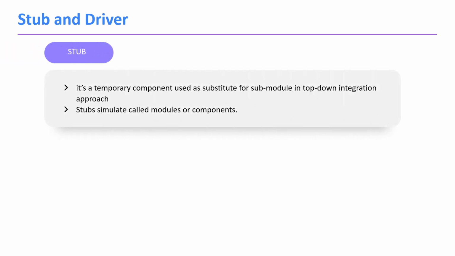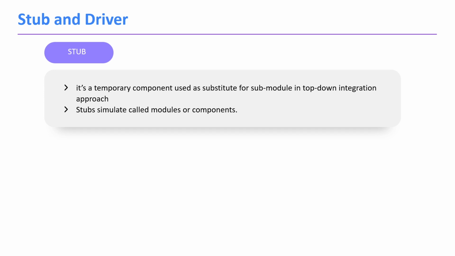Next are stubs and drivers. A stub is a temporary component which is used in place of a sub-module in the top-down integration approach. Suppose there are 2 modules in the application and those 2 modules are dependent on each other.